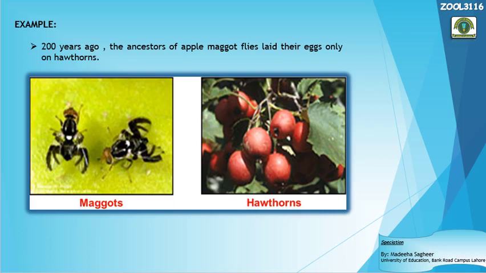Hawthorn has medicinal importance, and it has small berry-like fruits. These flies used to lay their eggs on the berries of the hawthorn plant, the small fruit of the plant.